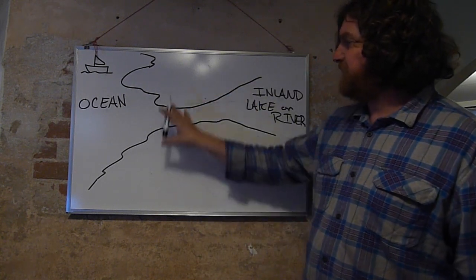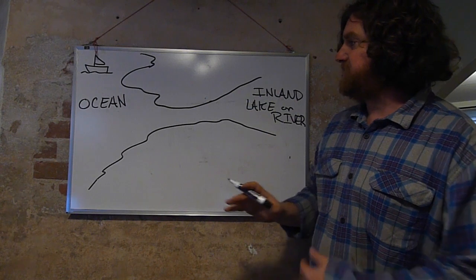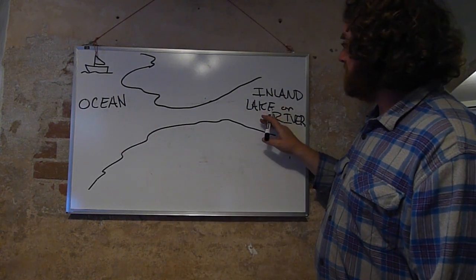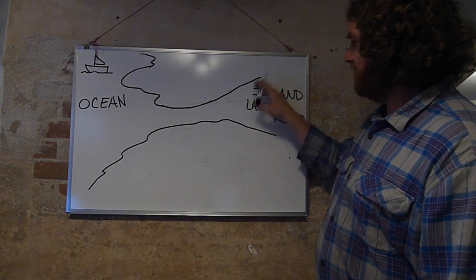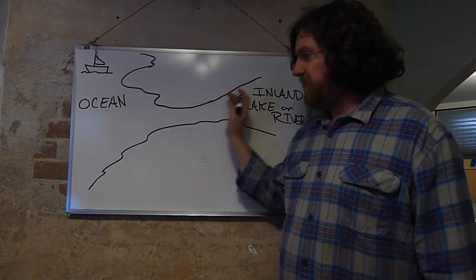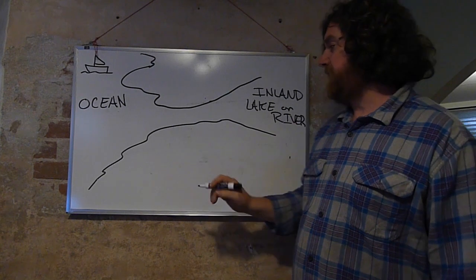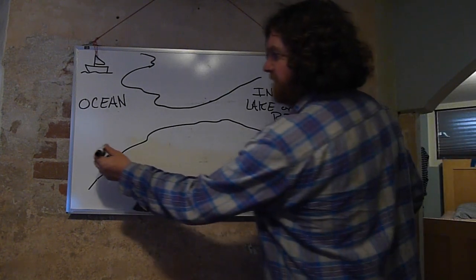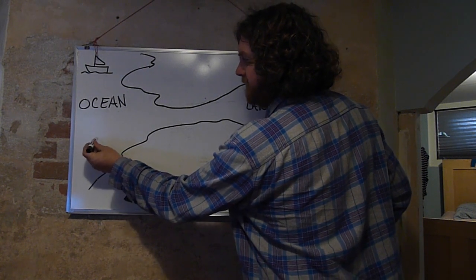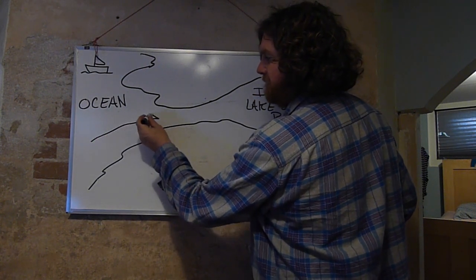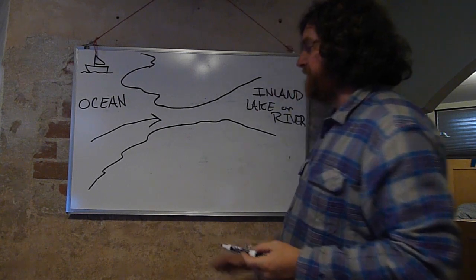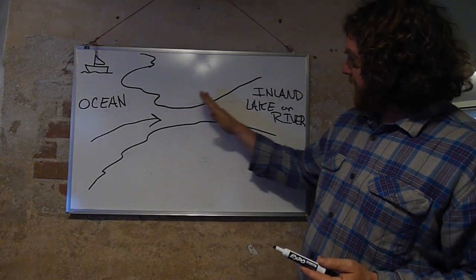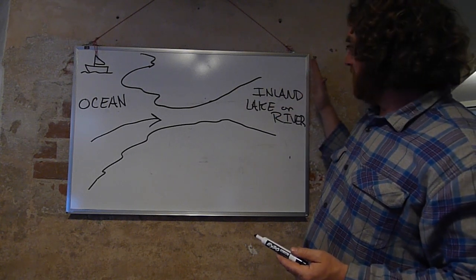So if we have a very specific geographic condition met, so we have the open ocean here, and then an inland lake or a river that is ultimately draining to the ocean. We have this in quite a few places, but what happens is as the tidal pulse, or this lump of water, shows up in the open ocean, it will backfill this inland lake or river.